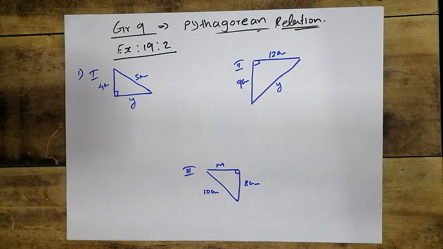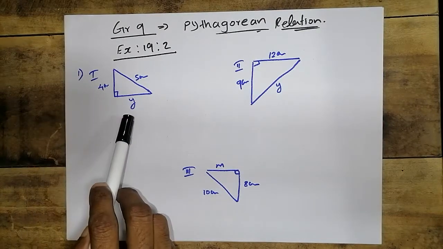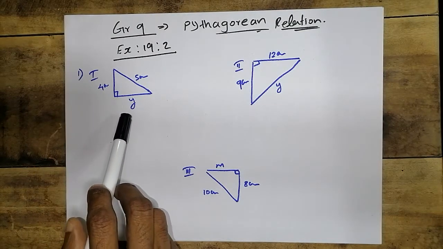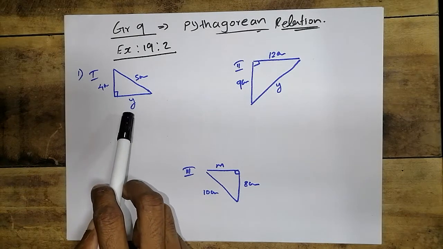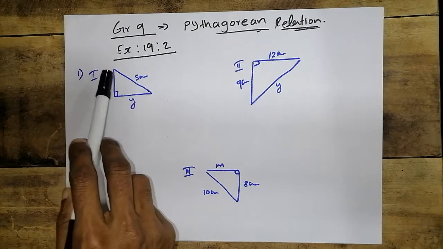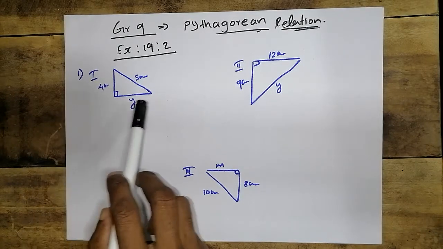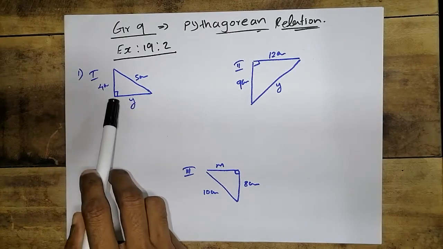So the symbol is y. So we recall the theory. The 4 centimeter side and the side indicated with y, both sides are creating the right angle.